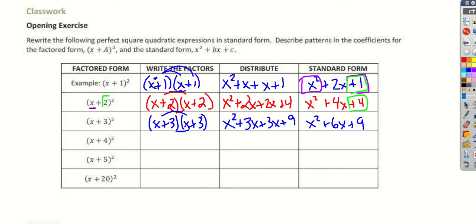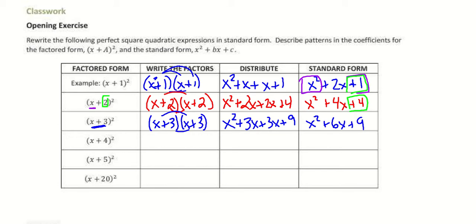So that's going to be the key here. And then the middle term is actually multiplying them together and then doubling. So it's like 2 times x times 3. 2 times 2 times x is 4x. So this is really 2 times 1 times x, gives you the middle term. This is 2 times 2 times x, gives you that middle term. This is 2 times 3 times x, gives you the next middle term.